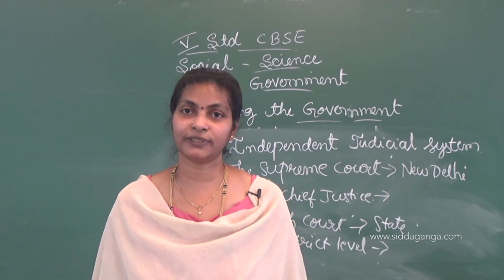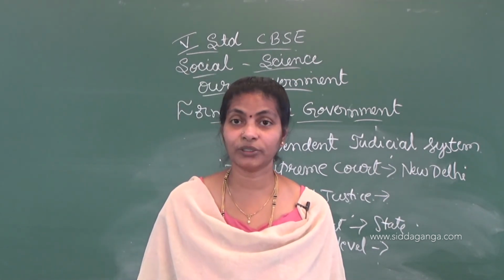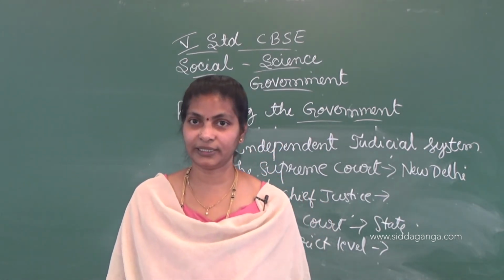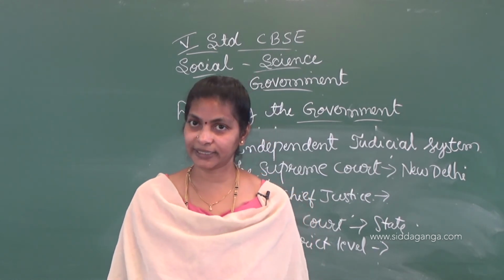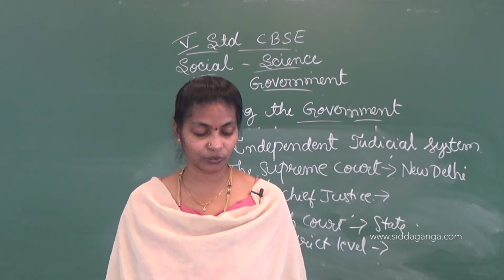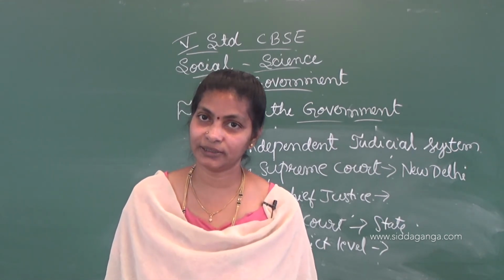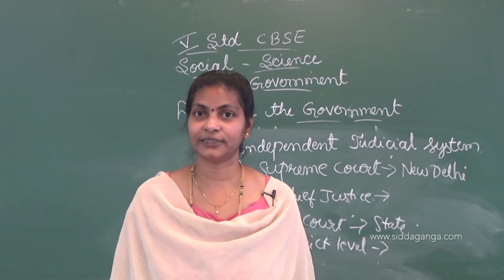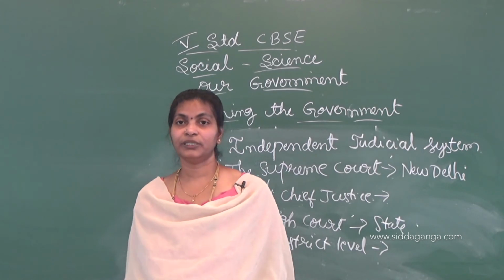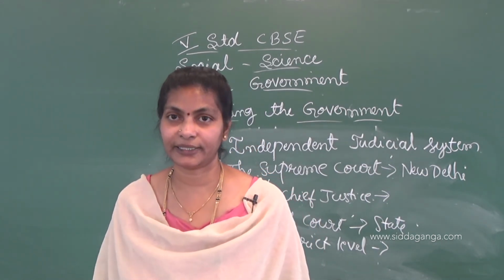Not only that, it is also divided into 9 union territories, including the capital of India, that is Delhi. Including this capital, there are 28 states and 9 union territories.